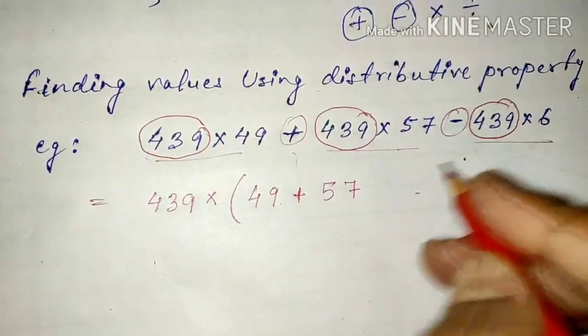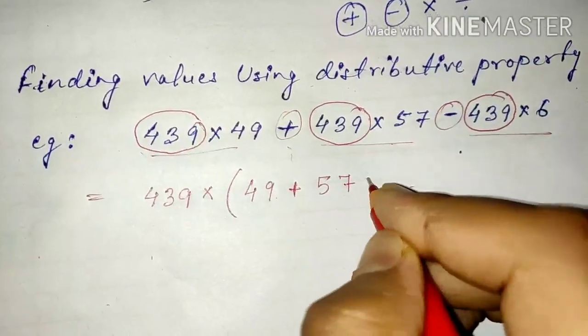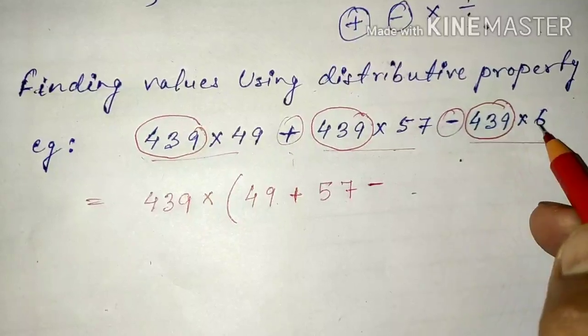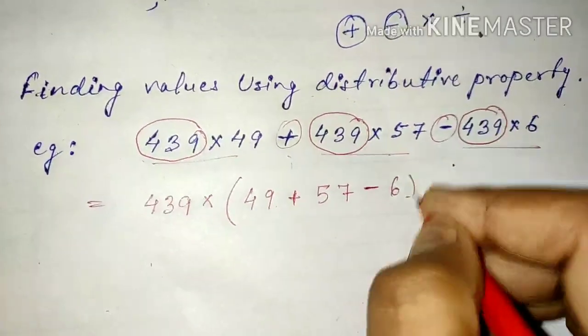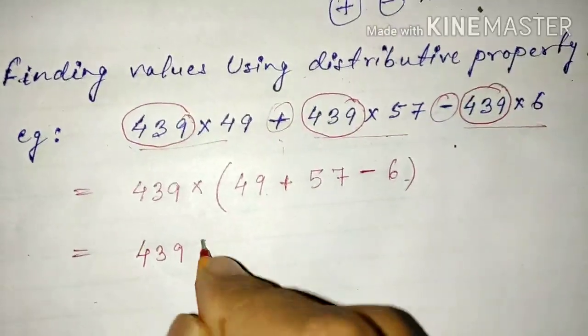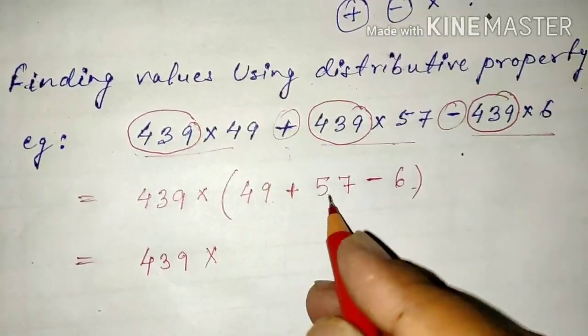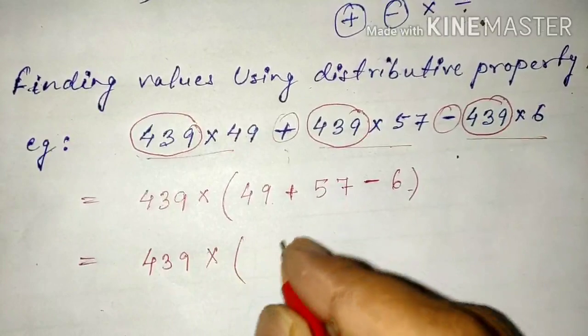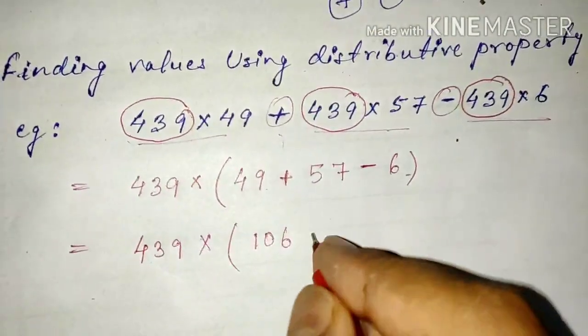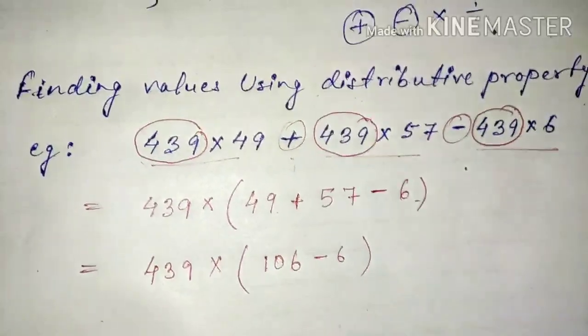And from the third term I have to put a minus over here, and I have taken 439 common, so you are left with 6. So 439 multiplied with 49 plus 57 will give you 106, and minus 6.